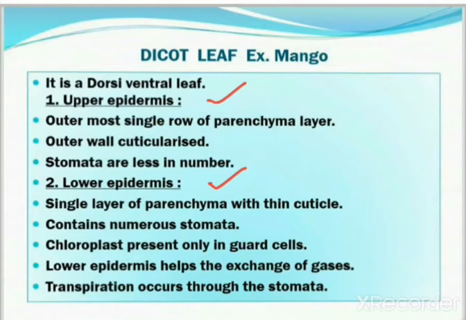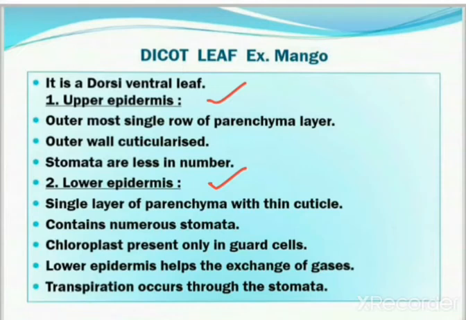Both are more or less similar in nature. The epidermis is the outermost layer made up of a single row of parenchyma cells. The outer wall is cuticularized. That means the outer surface of the epidermis is covered with cuticle.